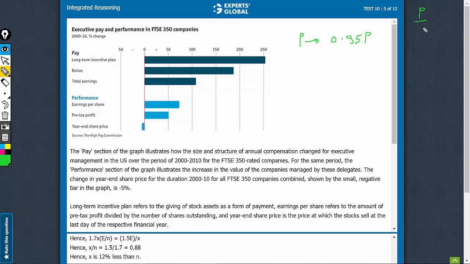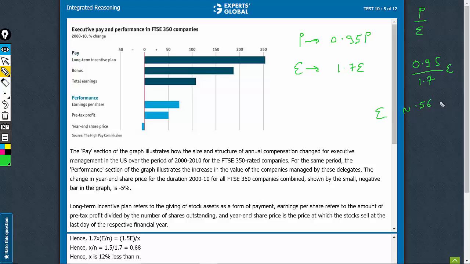P by E ratio is what it is asking. The earning per share has increased by 70%. So what was E earlier has become 1.7 E. So the P by E ratio turns out to be 0.95 upon 1.7, which is somewhere between 0.5 and 0.6, 0.56 almost.